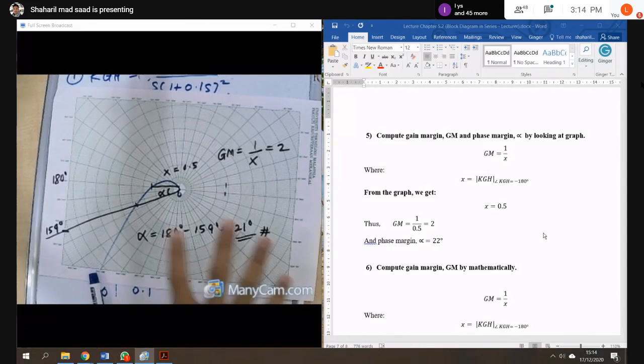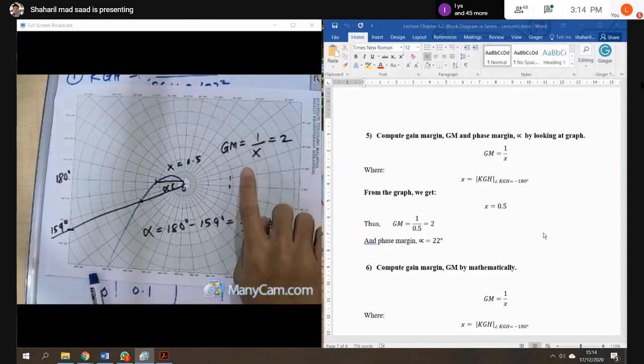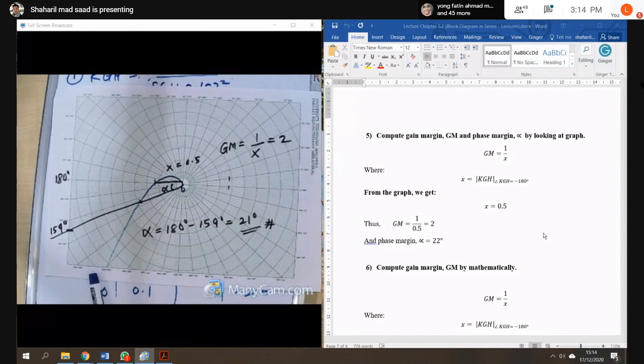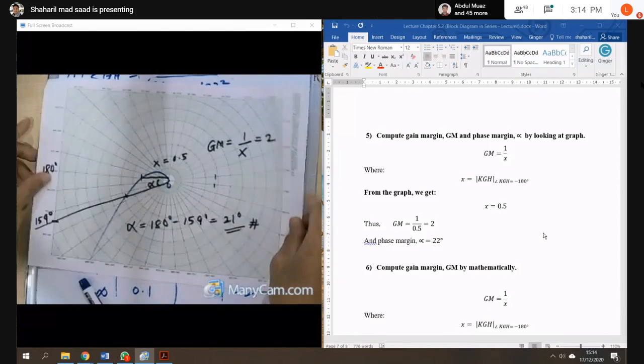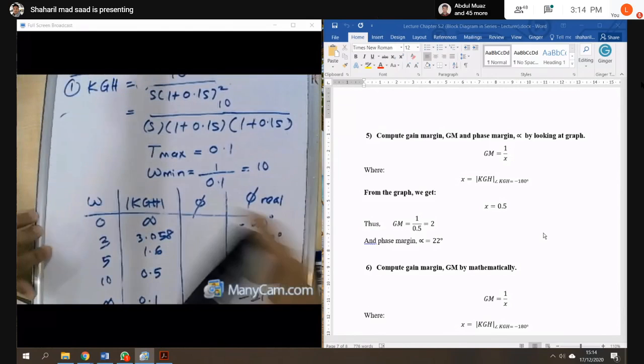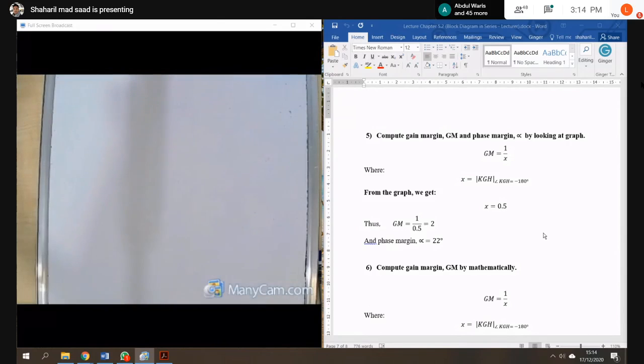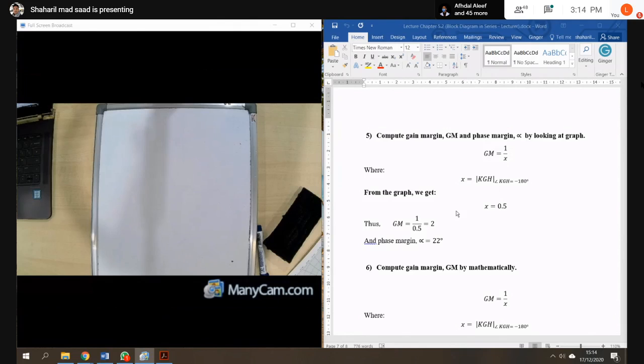So you can get the gain margin and alpha from the graph. Now let's see how we can get it mathematically, and then we can compare it with the values we got here.